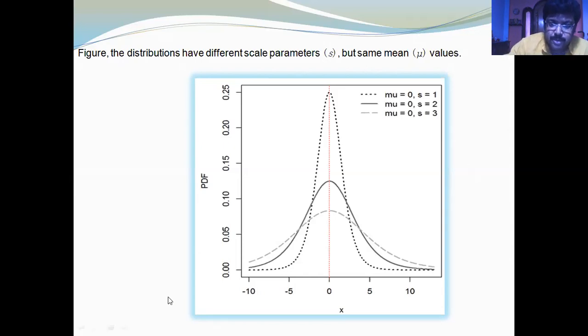If you look at this logistic distribution curve, this bold solid line, then you find that the optimal speed is the mean, the location parameter.